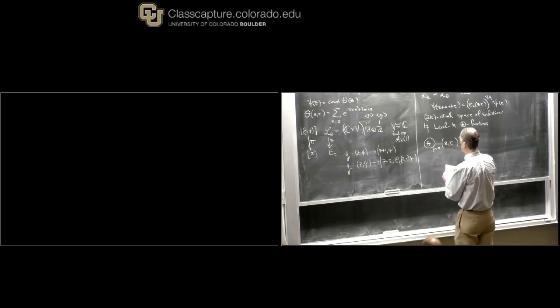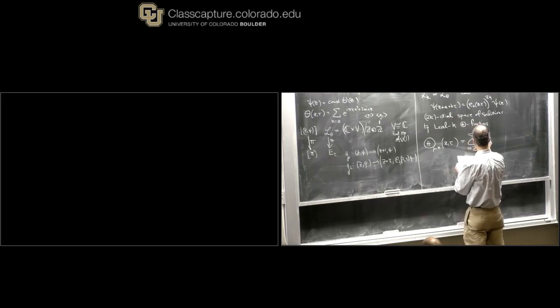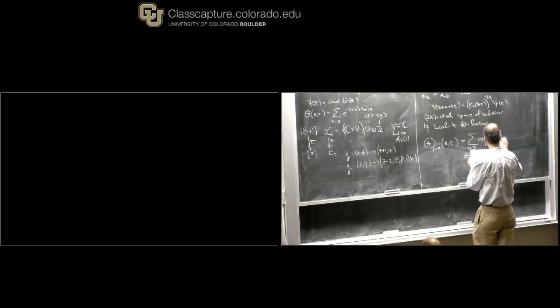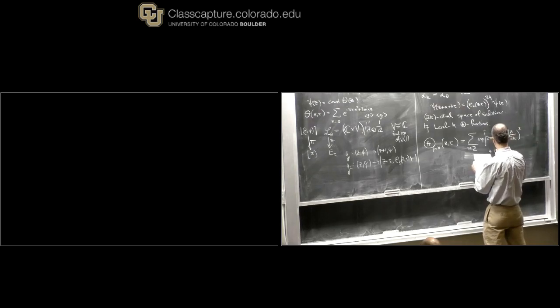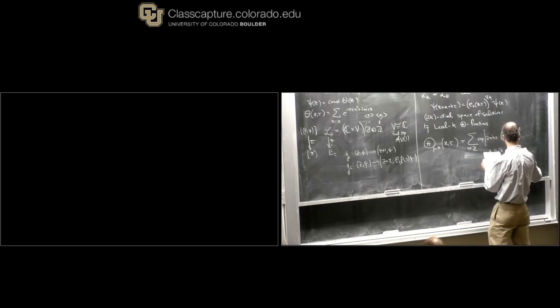Okay, so theta of mu kappa of z and tau is the sum over s in the integers of the exponential of 2 pi i kappa tau times (s plus mu over 2 kappa) squared plus 4 pi i kappa z times (s plus mu over 2 kappa).